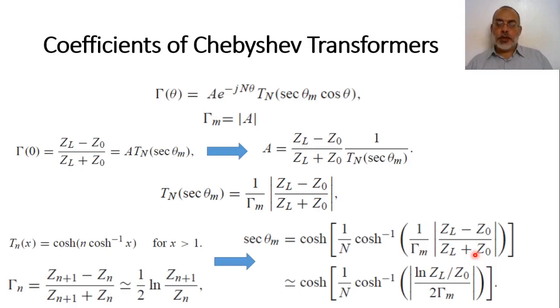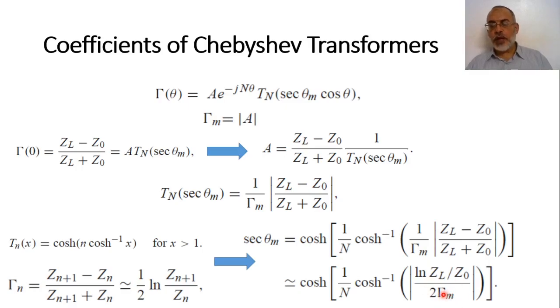which can be approximated. We have seen before that z load minus z naught over z load plus z naught can be approximated as half ln z load over z naught. So we can replace z load minus z naught over z load plus z naught by half ln z load over z naught. So we can say that sec theta maximum approximately equals cosine of 1 over n cosine minus 1 of the magnitude of ln z load over z naught over 2 gamma maximum.